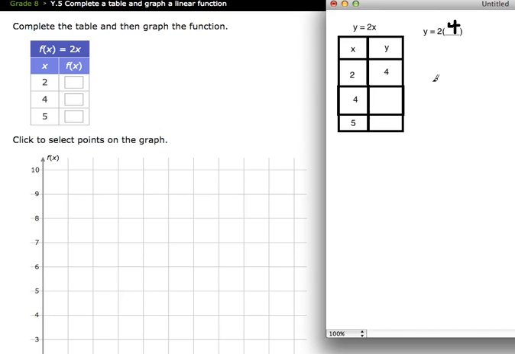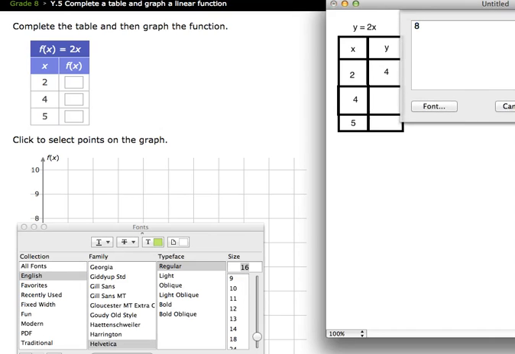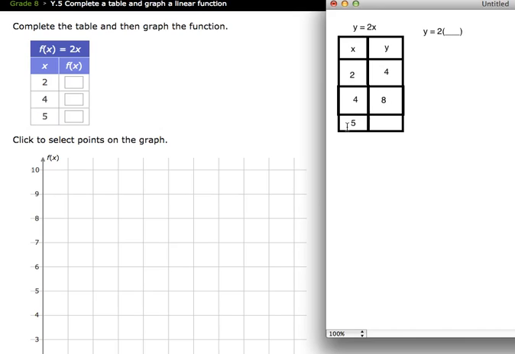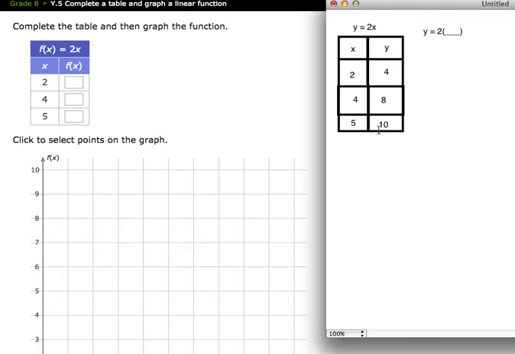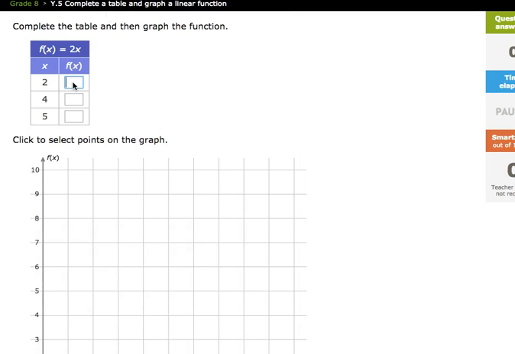And I put that in my table. And if I do that, again, I say 5 goes in this spot here, because 5 is the x for this line. 5 goes in here, I say y equals 2 times 5, I get y equals 10. So that means 10 goes in this spot right here. That means I've got the table filled in, right? I'm going to put that in here.